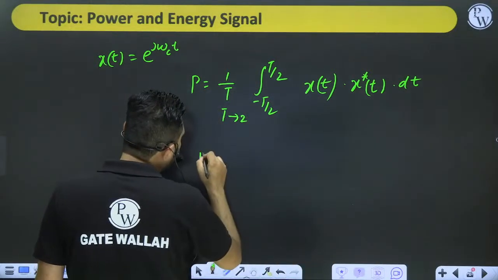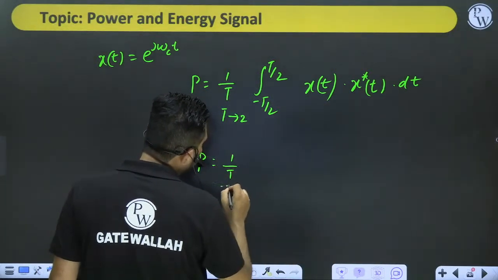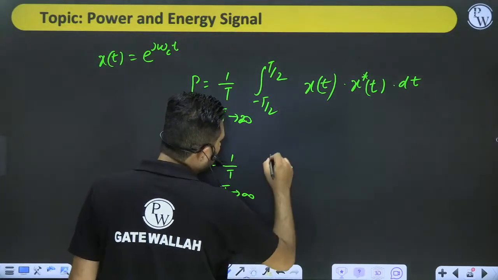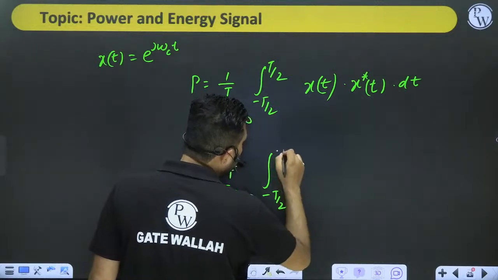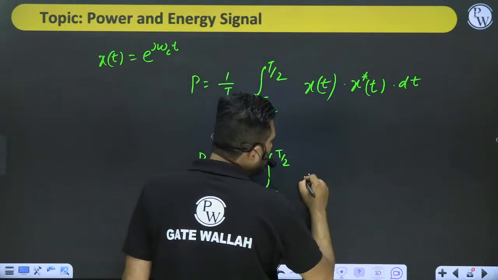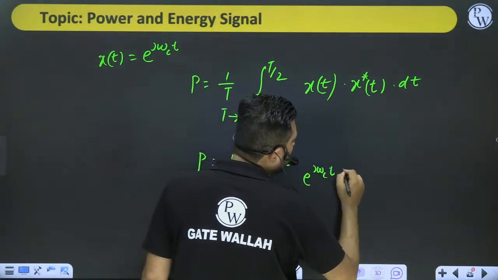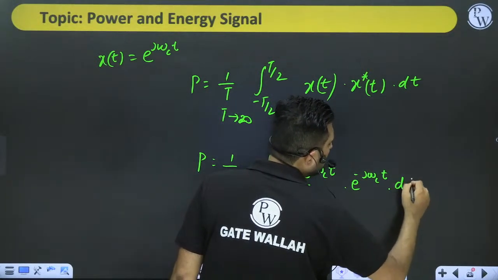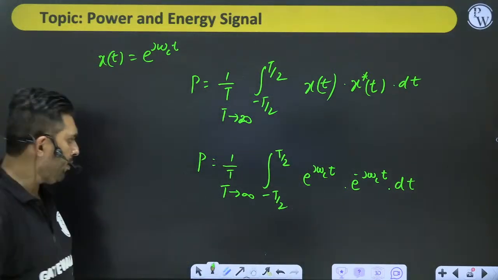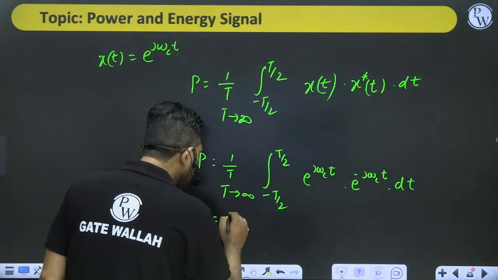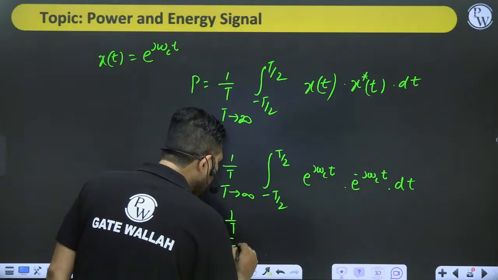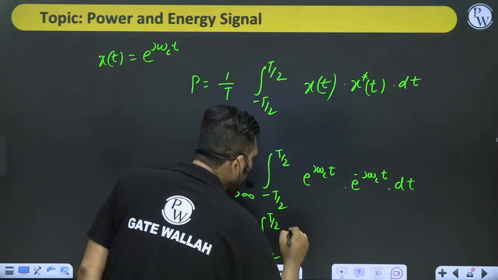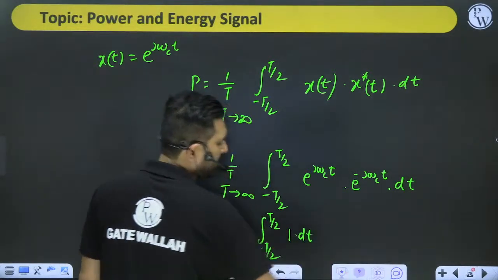Hence power comes out to be the limit as T tends to infinity of 1 over T times the integral from minus T by 2 to T by 2 of e to the power j omega_c t times e to the power minus j omega_c t dt. So P is equal to the limit of 1 by T times the integral from minus T by 2 to T by 2 of 1 dt.